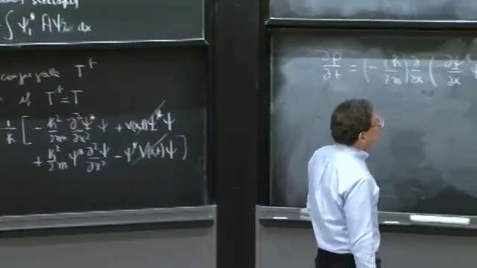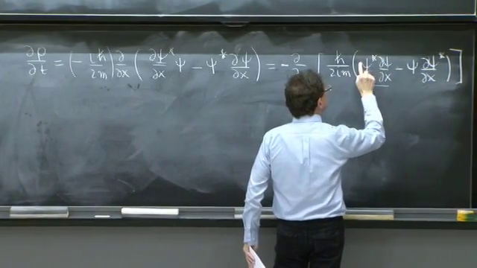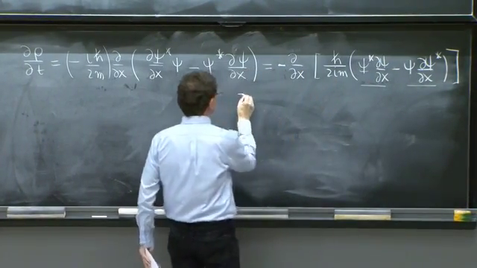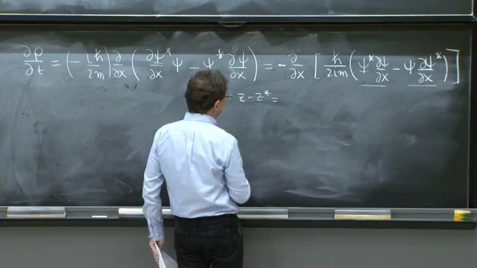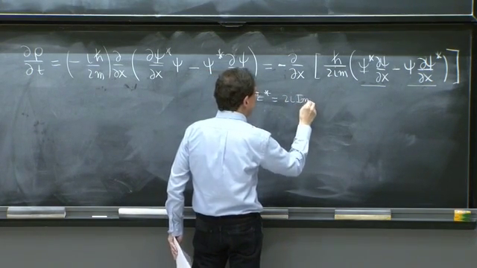So here you see that you have a complex number minus its complex conjugate. So this is like z minus z star, which is equal to twice i times the imaginary part of z.